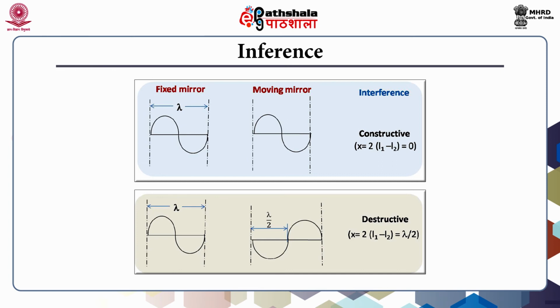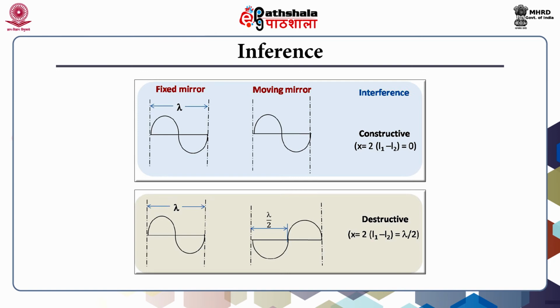Thus, radiation falling on the sample from both routes has covered equal distance before returning to the beam splitter, and therefore both will be in the same phase while leaving the beam splitter. This is called constructive interference. This will enhance the intensity of radiation falling on the sample or detector.